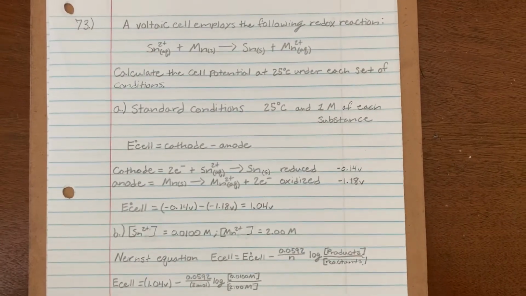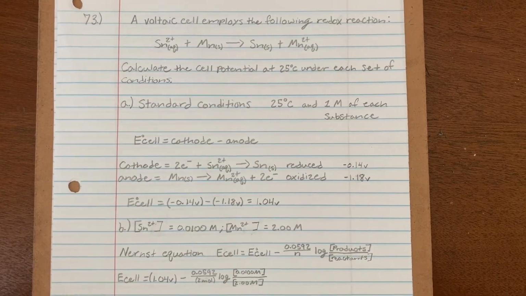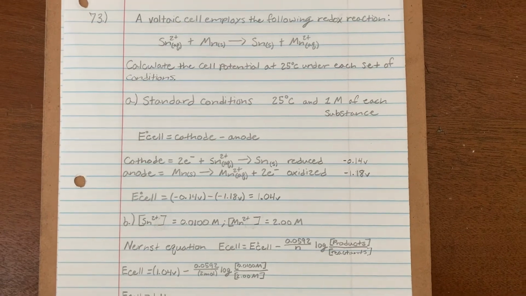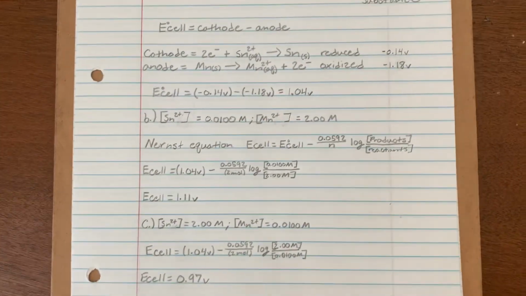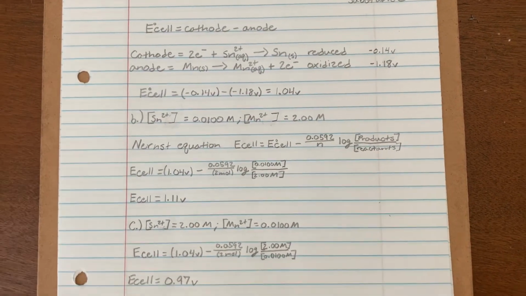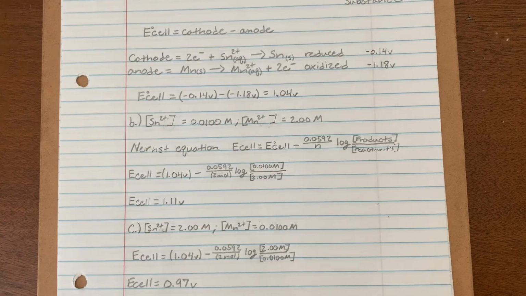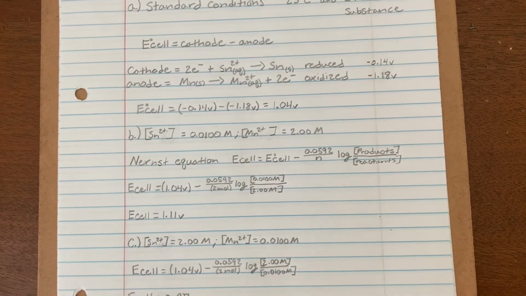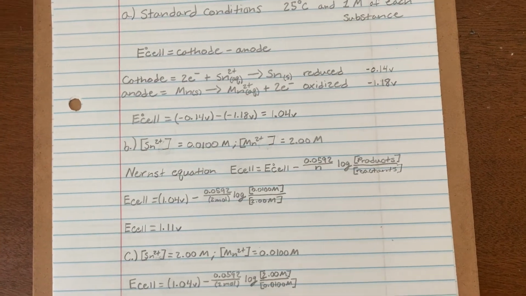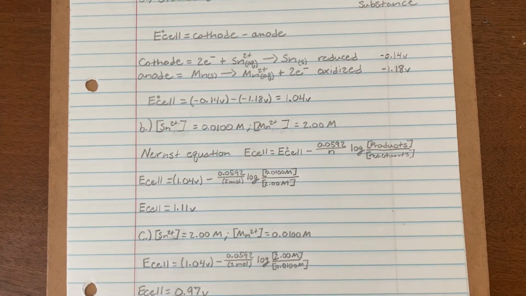For finding at standard conditions, we use E cell at the standard, which is cathode minus anode. When we are at non-standard conditions, we would use the Nernst equation, which is E cell equals E cell at the standard minus 0.0592 over n times log of concentration of products over concentration of reactants.